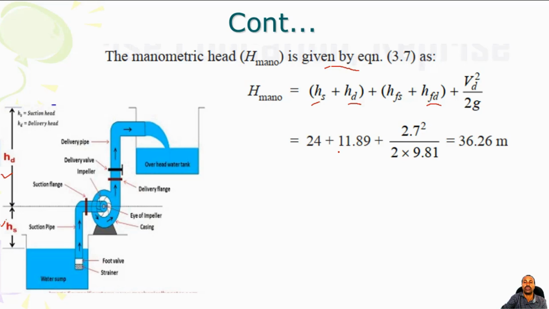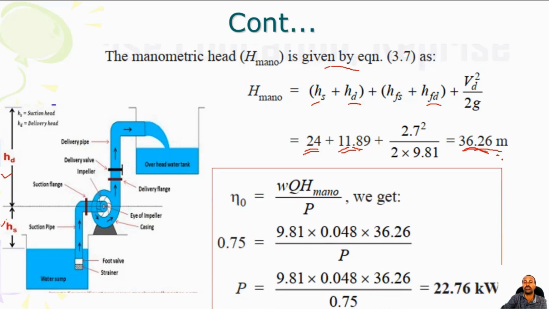So here we have total 11.89, and 24 total static head, then v square over 2g, we get this result. So this is the manometric head available for power generation.